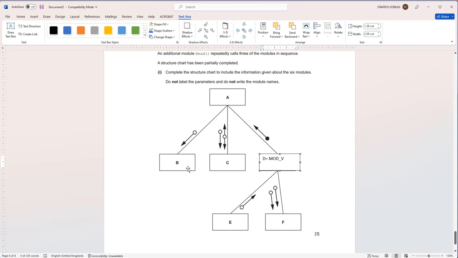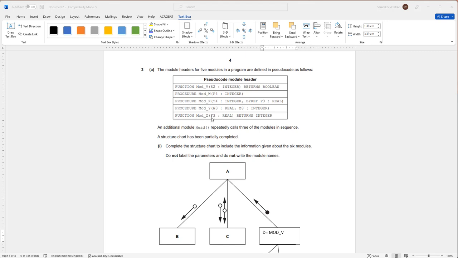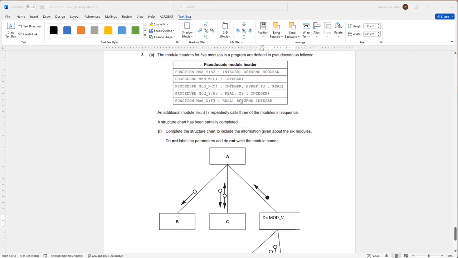So let's try and isolate some of these. There's another function, which means that we have another module returning a value, meaning that the arrow should be pointing upwards. Well, we've already seen this one, so we can't say that D is this one here.